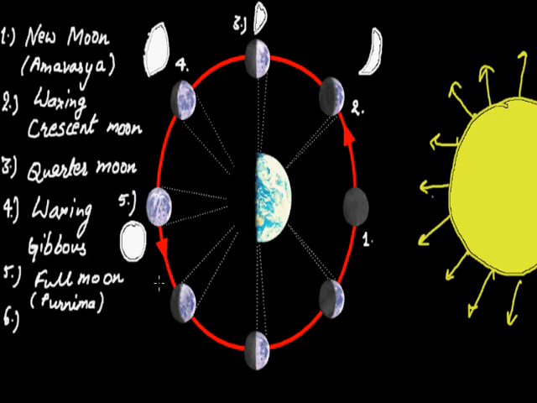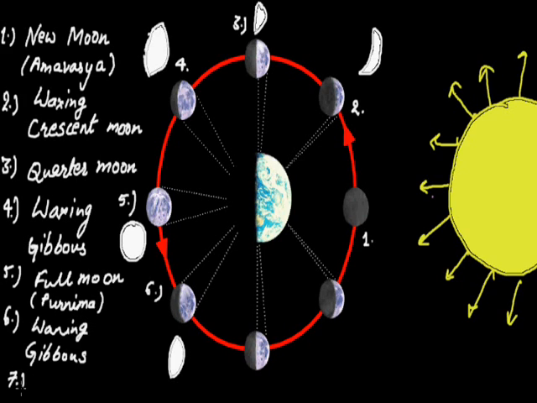Now we come to the 6th position, and here again you can see more than half of the moon's portion illuminated or shining, but it is important to notice that now the shining surface is decreasing. That's why this gibbous is known as the waning gibbous.